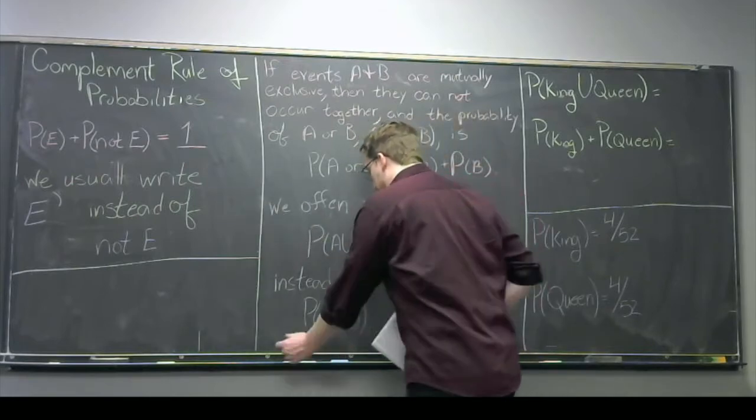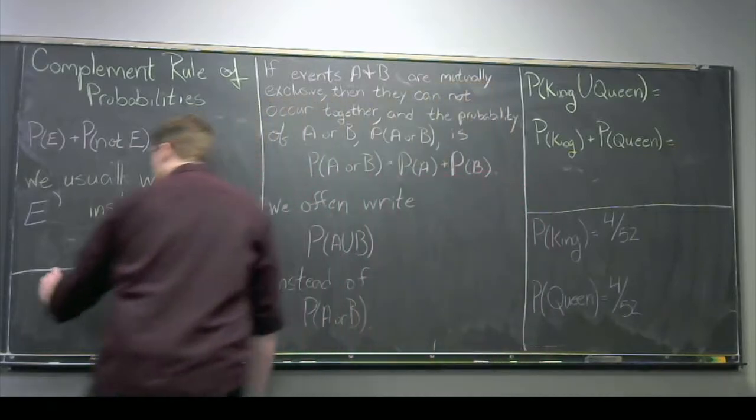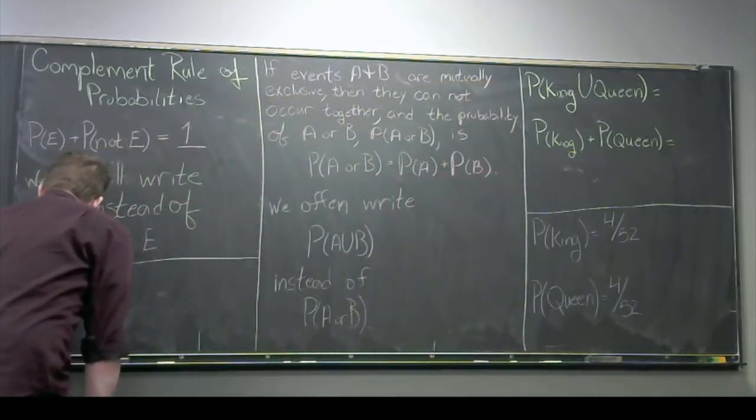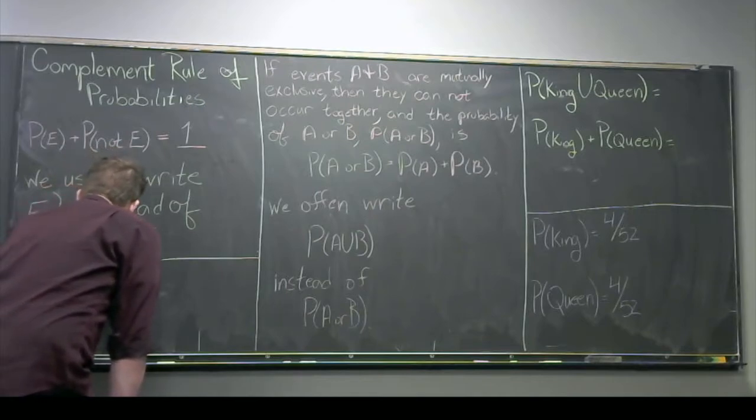So using that last example really quick, we found that the probability of E was equal to 1 in 2275.